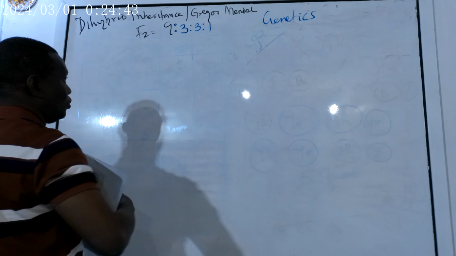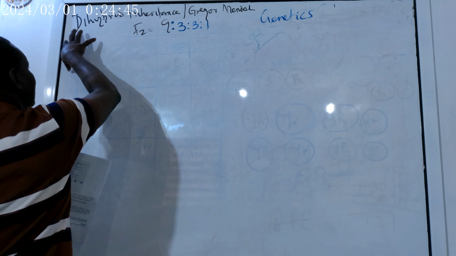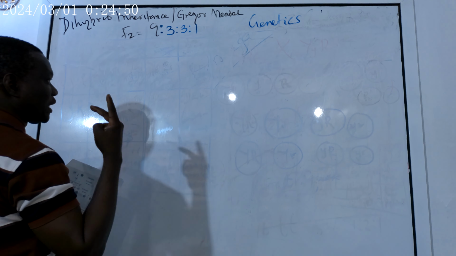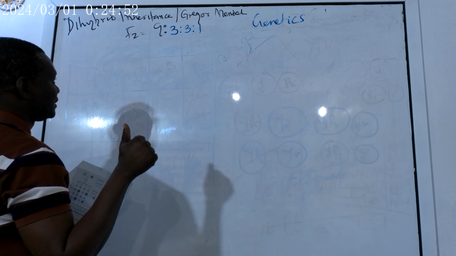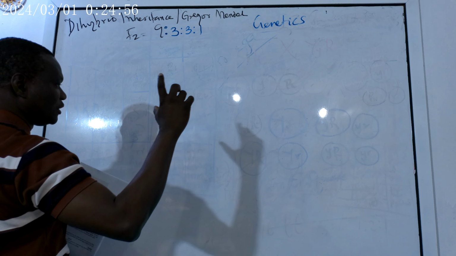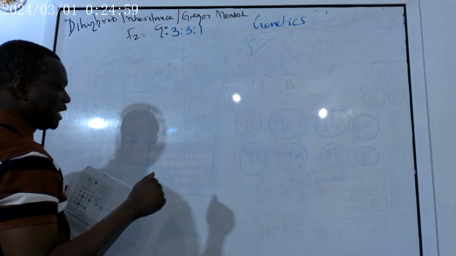9:3:3:1. So don't forget that I told you that the law of dihybrid inheritance is when you are studying two characteristics or two characters or traits of an organism, if you are studying two at the same time.